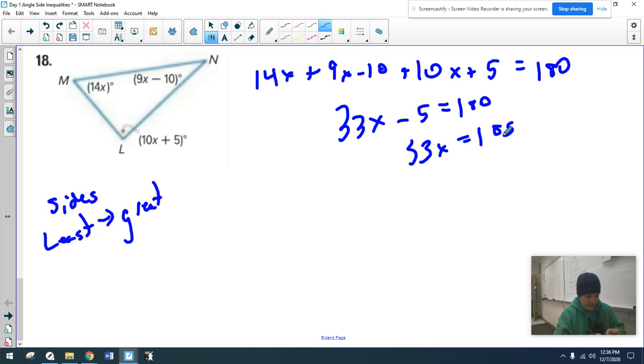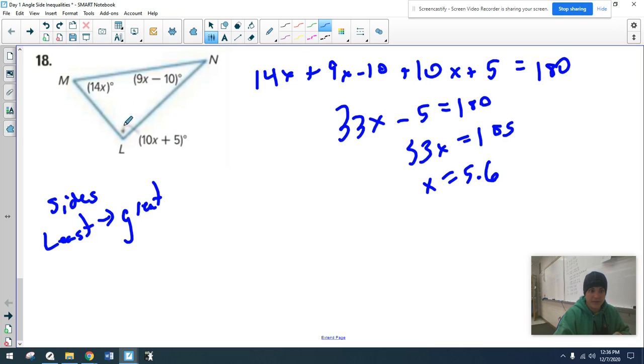So 185 divided by 33 is a decimal. Do that right? Just wanted to make sure. Okay, so 185 divided by 33 is about 5.6. So when I plug that in right here, I'm going to do that times 10, and then add 5.